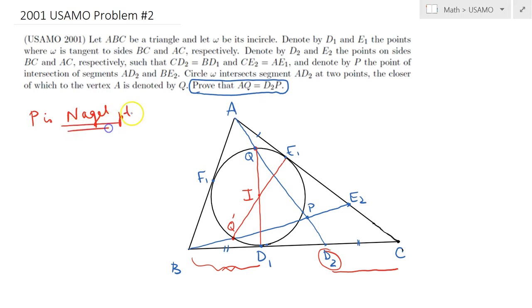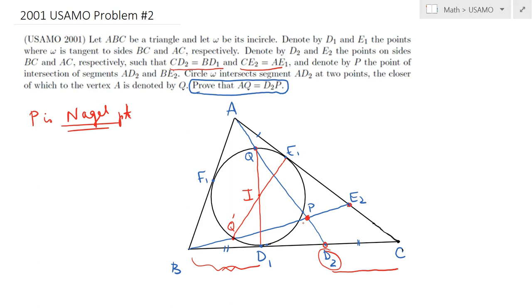You can easily check on Wikipedia or on Google for a formal description, but basically if E2 and D2 are defined the way they are in the problem, CD2 equal to BD1 and CE2 equal to AE1, then the intersection of BE2 and AD2, which is the point P, is the Nagel point of this triangle.